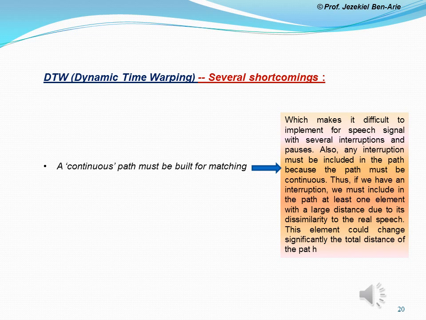So, if we have an interruption, we must include in the path at least one element with a large distance due to its dissimilarity to the real speech.